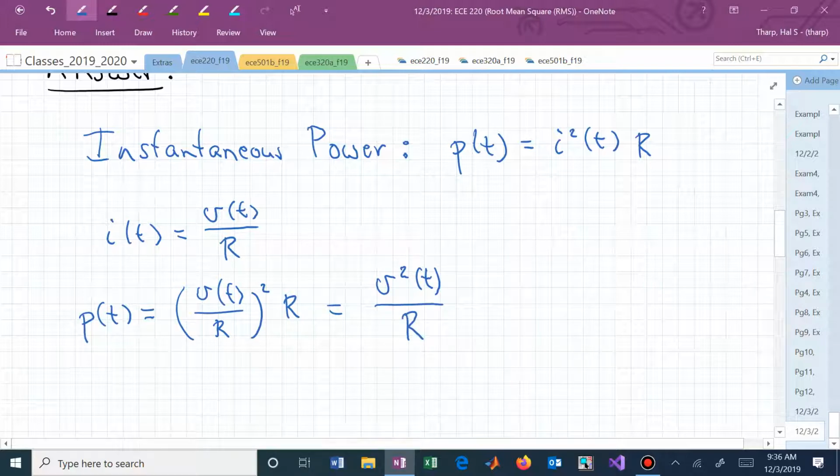Now I've rewritten the instantaneous power in terms of that sinusoidal voltage that's impressed across that resistor.